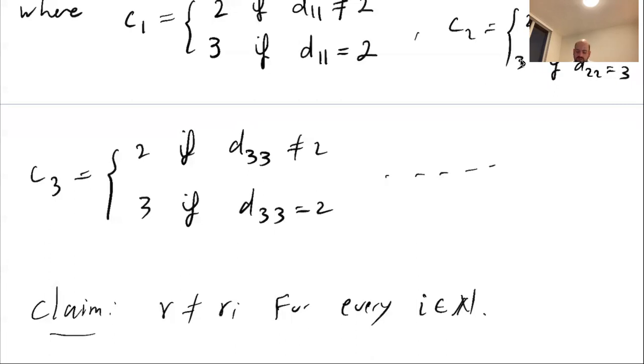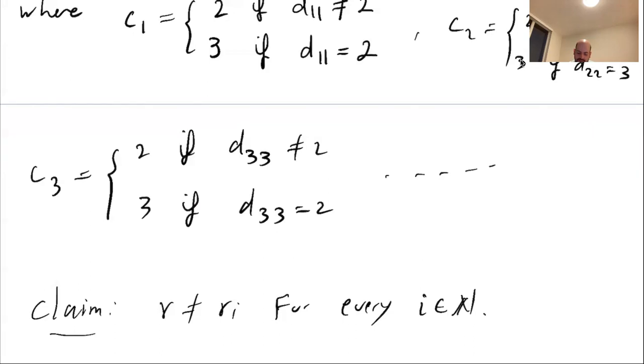If you have two numbers where their first number after decimal are not the same, then they cannot be equal. Because the first number after decimal for R and R1 are different.